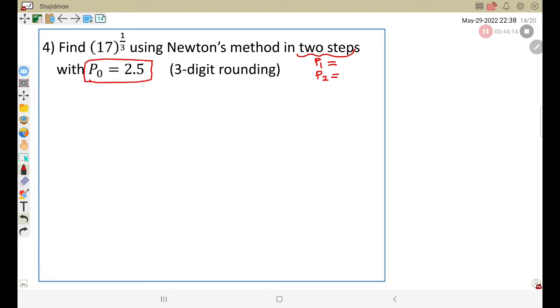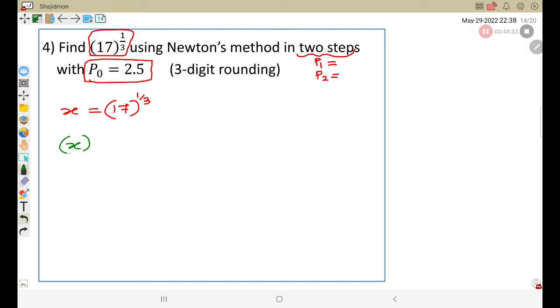So start with the number given in the question, x equals 17 power 1 over 3. Correct? Now as I told you, first we need to remove this power 1 over 3.